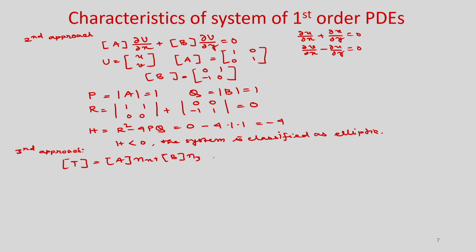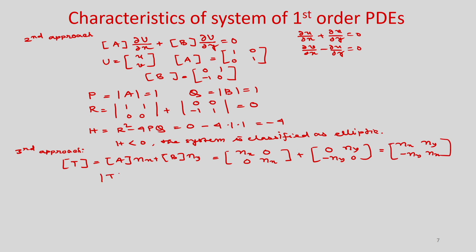From here you can find that it will be n_x 0 0 n_x, plus 0 n_y and minus n_y 0, and after addition you will get n_x n_y minus n_y n_x.